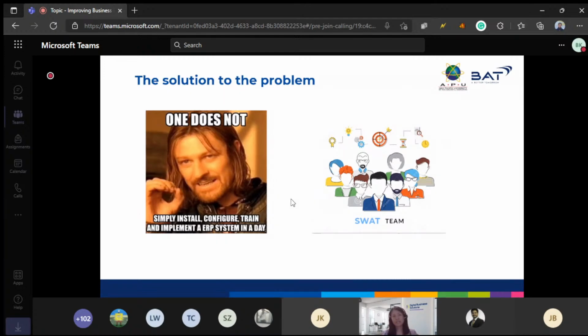So what I'm describing to you in the next few slides is a representation of how a project team can look like. However, depending on the scale of the project, it may or may not look like that. Perhaps in a smaller scale project, one person may take in multiple roles.